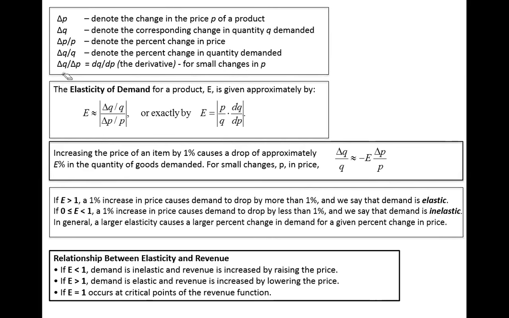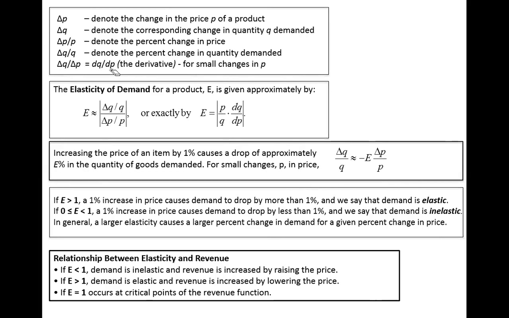Then we can find delta Q over delta P, which for small changes is simply the derivative, dq over dp, the rate of change of the quantity function with respect to price.